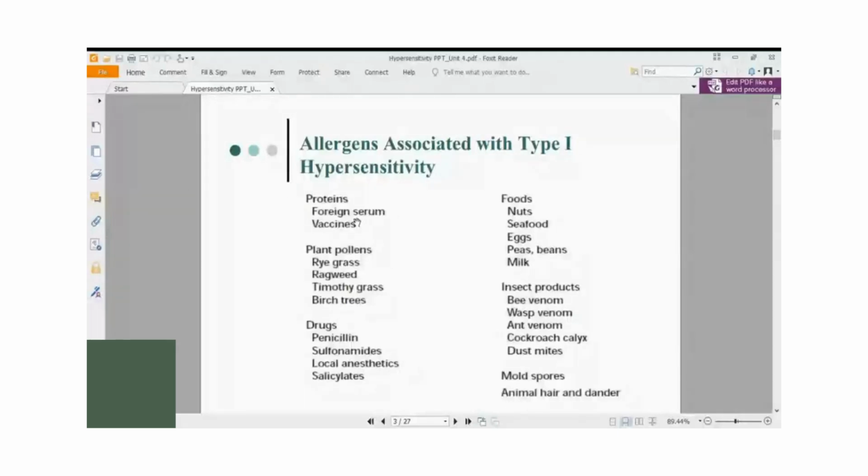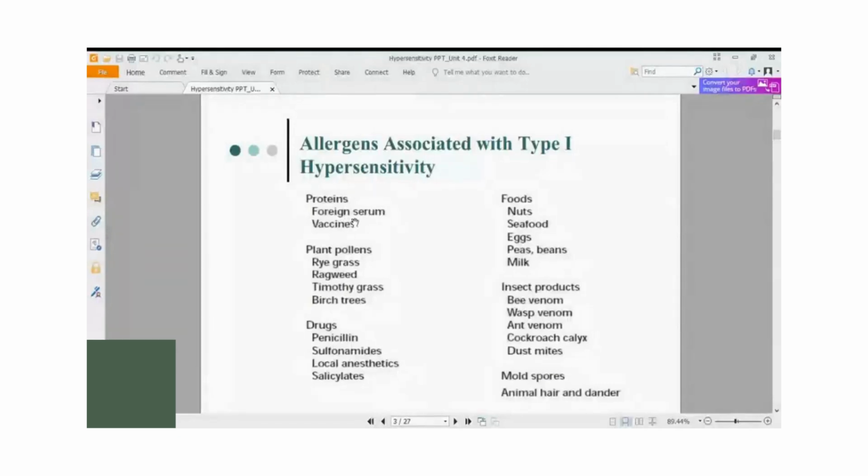The person looks almost bloated. The reason is that foreign protein of bacterial or viral origin, or the foreign protein administered as a vaccine or as an antivenom, would cause this immediate reaction.